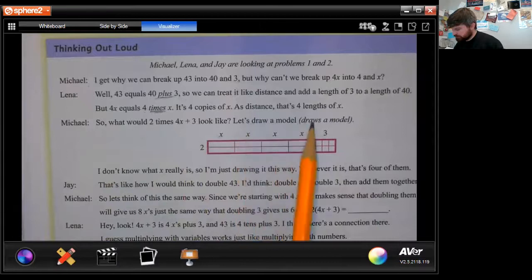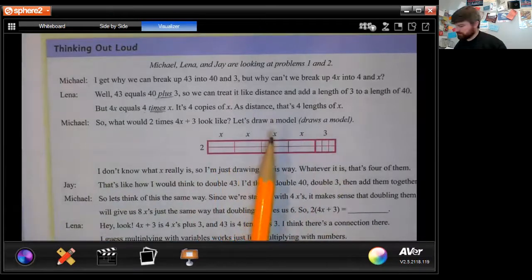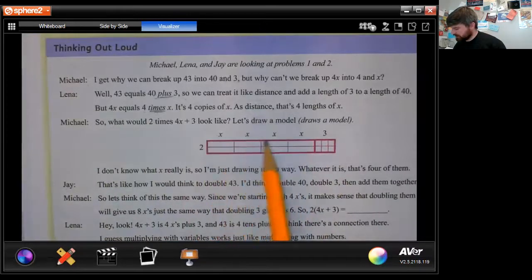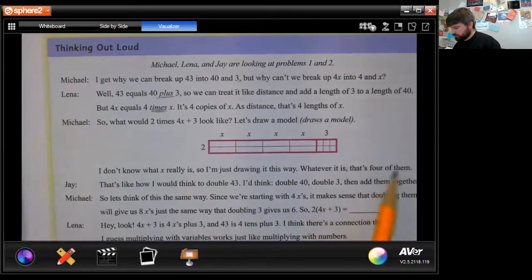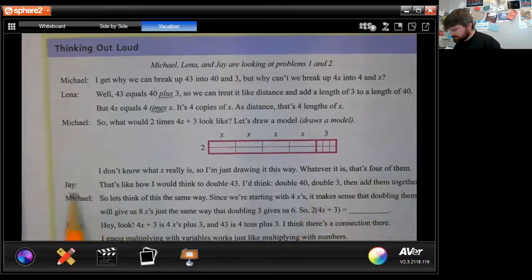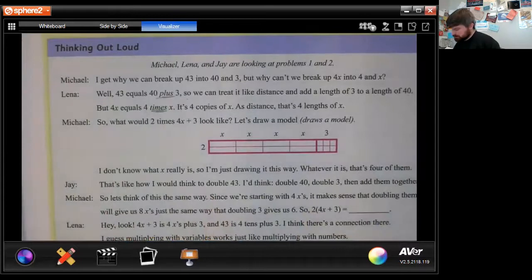Let's draw a model. Okay, so then they draw this model. Notice here you've got 4 x's because it was 4 times x. So this is a length of x 4 times. I don't really know what x is, so I'm just going to draw it this way. Whatever it is, that's 4 of them. Jay says, that's like how I would think of it. To double 43, I'd double 40, double 3, and add them together.